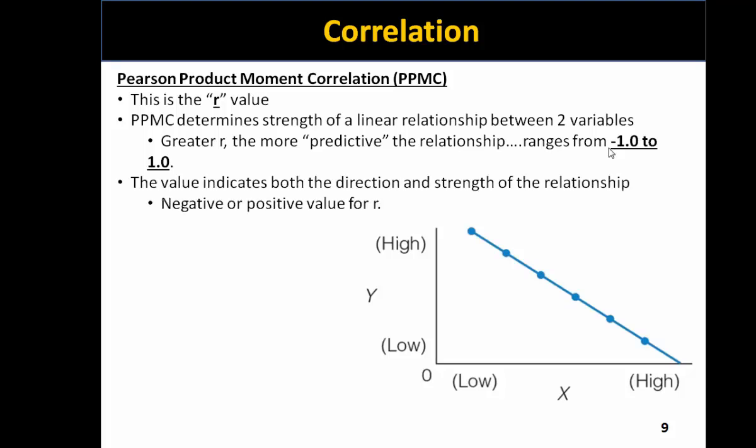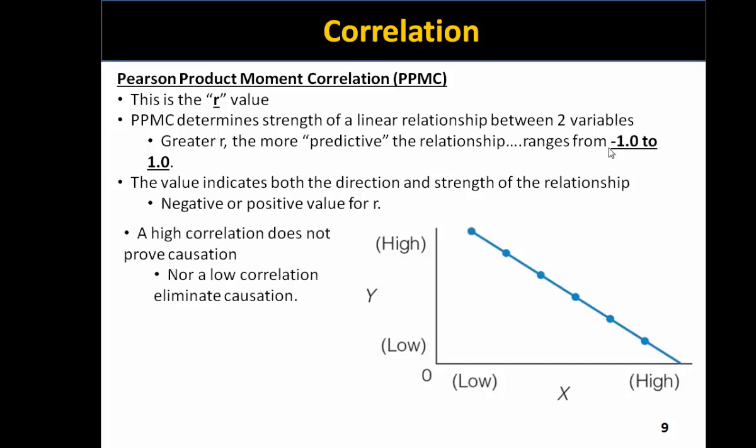The value indicates both the direction and the strength of the relationship. So if we don't have a negative sign in front of it, then the value indicates it's a positive relationship. When we have a negative value, it indicates it's a negative relationship.